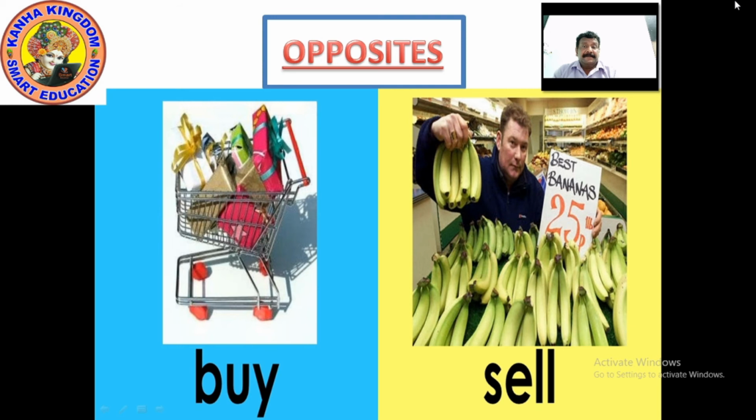Buying. What is buy and what is sell? Buy means when you go to a supermarket, to markets where they have departmental stores, in all the places wherever you go, they have displayed all the things. What you need to do is just carry a bag or a trolley, which you can see there, and pick up things, whatever you want.